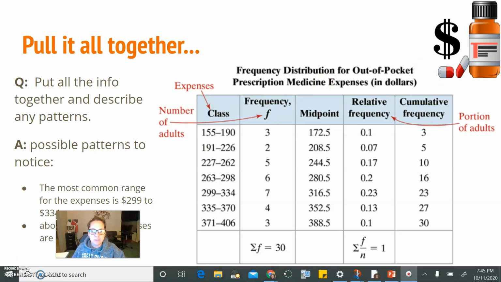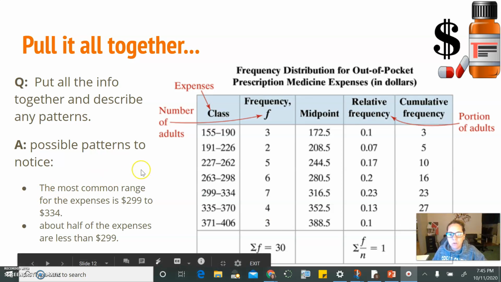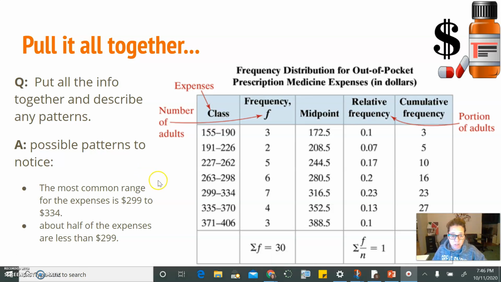And to look at some of the patterns, you might say, okay, what do you notice about this, or what's important to notice? One thing that would certainly be important to notice is that the biggest percent of what's going on, the biggest chunk, the most common range for the expenses, most people in that group spent between $299 to $334.